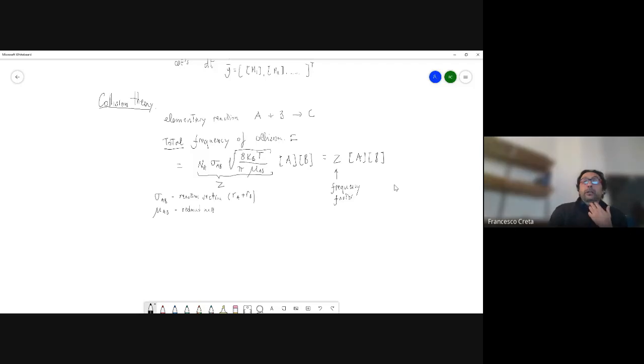So look at the collision between A and B. You need a minimum amount of energy above which A and B can form C. But below that kinetic energy, the collision will not be energetic enough to form C. So in fact, you have to take this number here, which is the total frequency, sorry, and multiply it by some fraction of the overall molecules.